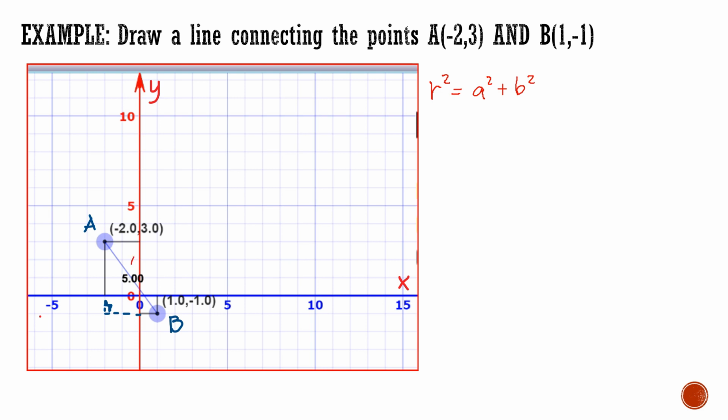If we call this as our R and we call this as our A and this is our B, R squared is equal to, what is A? The distance of A can be measured here, graphically. So, 1 unit, 2 units, 3 units. Tama? 3 units yung distansya from x2 to x1, no? So, that will be squared, and then plus the vertical distance from the 2 points will be 1, 2, 3.